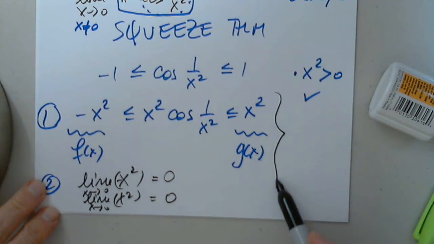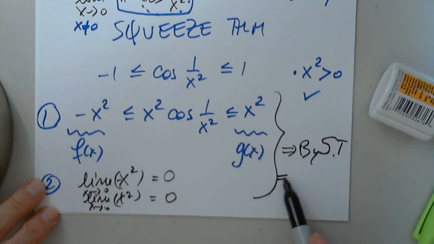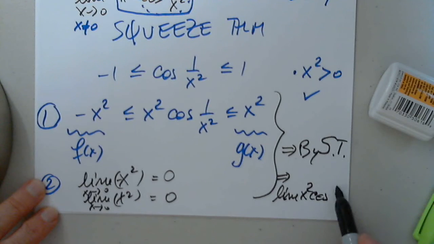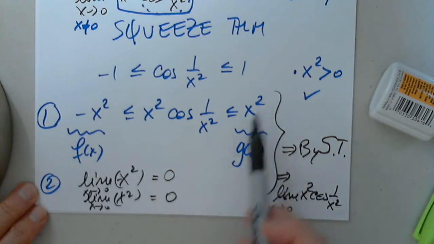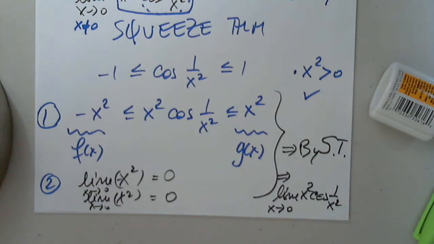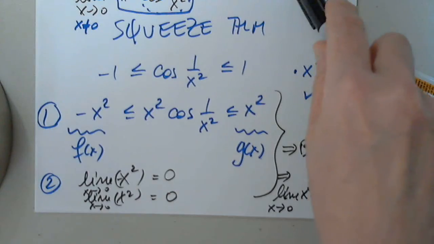From 1 and 2, by the squeeze theorem, what do we conclude about the limit of x squared cosine 1 over x squared as x approaches 0? From this and from this. H of x equals 0. That's it. Not h of x, but the limit is 0. Awesome. Great job. Now I want to talk about this one.